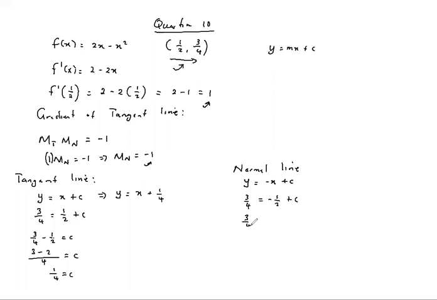Now it will be 3/4 plus half is equal to c, so (3 plus 2)/4 should be c, implying that 5/4 is equal to c. And so y is equal to negative x plus 5/4. So we have two equations, the equation of the tangent and the equation of the normal line.